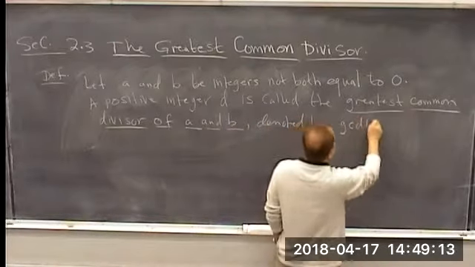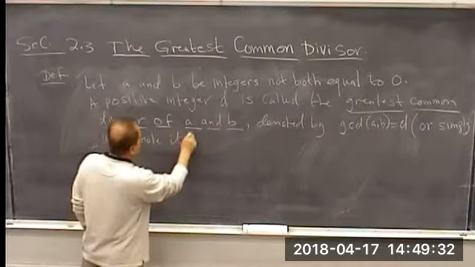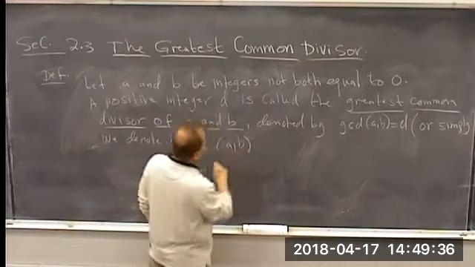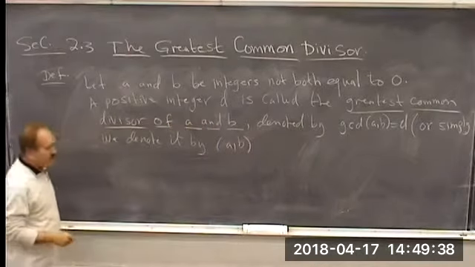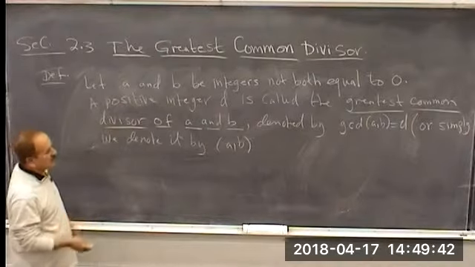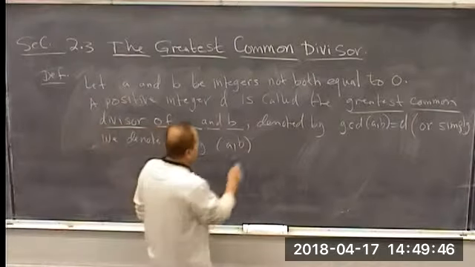Or we simply write, we denote it by (A, B). And that's not going to be confusing with an ordered pair or an interval, because it's going to be clear from the context that we're talking about this.